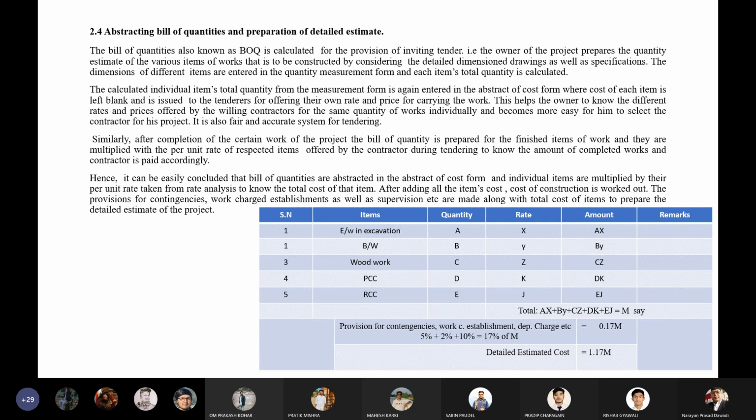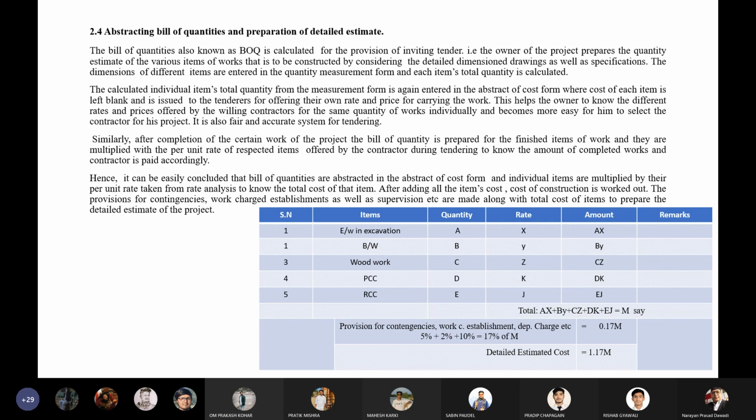At that time, the bill of quantity for the completed work is also prepared by the engineer, and that quantity is multiplied by the rate offered by the contractor, according to which the contractor is paid timely for his finished work. This is also used for providing payment to the contractor.